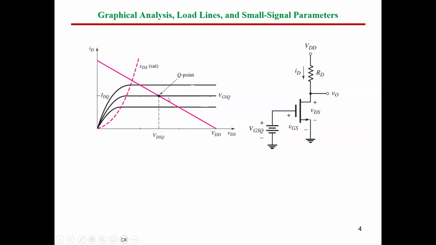This is nothing but the ID versus VDS curve at different operating VGS values. And this is the VDS saturation locus in our characteristic, and it separates the linear part and the saturation part in our waveform.